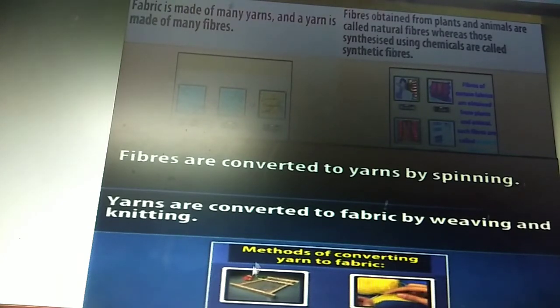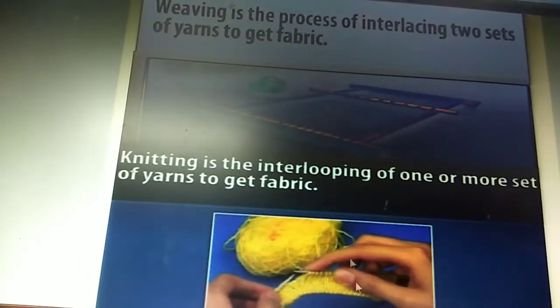Fabric making is of two types. One is weaving, using hand or machines. Then another is knitting. Knitting can be done by hand and also by machines. Usually wool material will be knitted. Now this is knitting. So this is the weaving process.